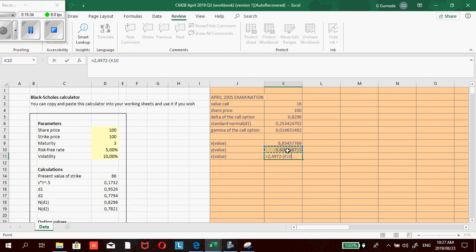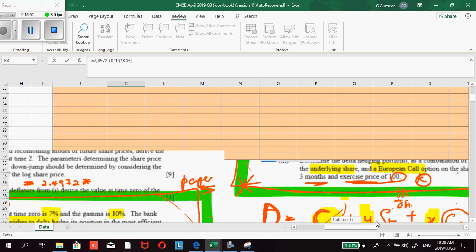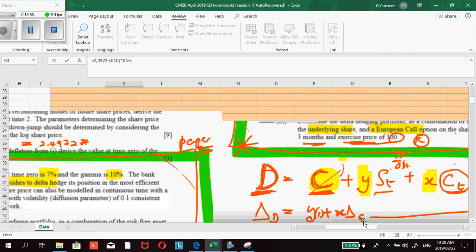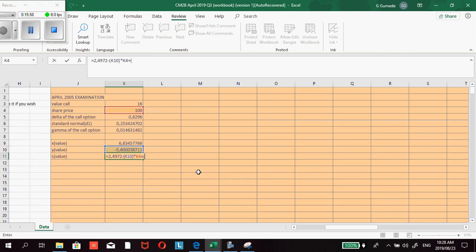So I'm going to take 2.4972 minus Y multiplied by the share price, 100, and then add X multiplied by the value of the call option. That will be the value of C.